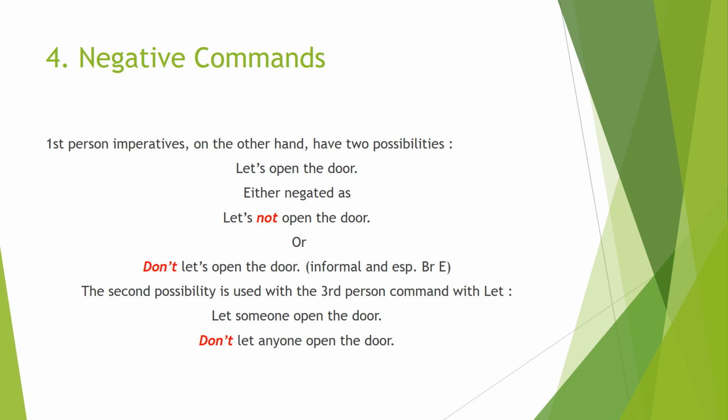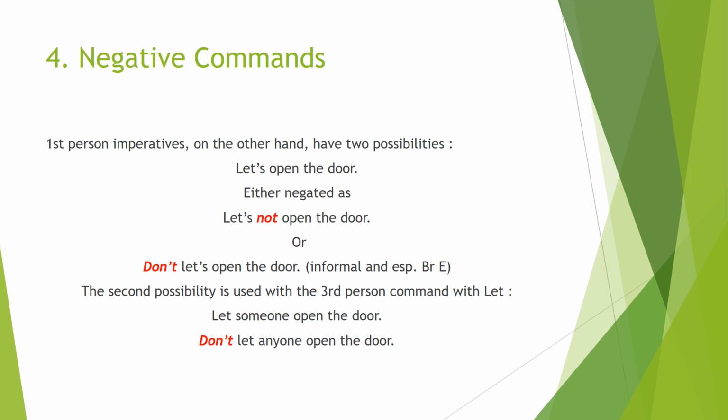If you have commands that start with let, how can we change these commands into negative? They say that we can do that in two ways. Either we add not after the object pronoun.